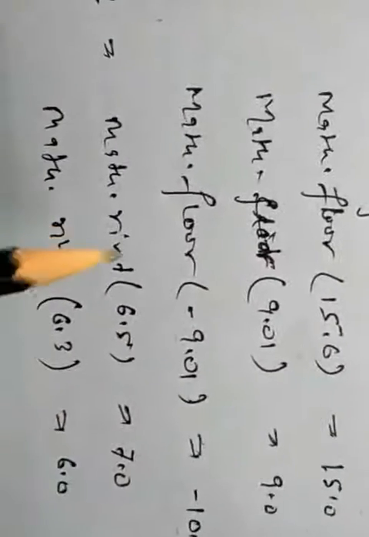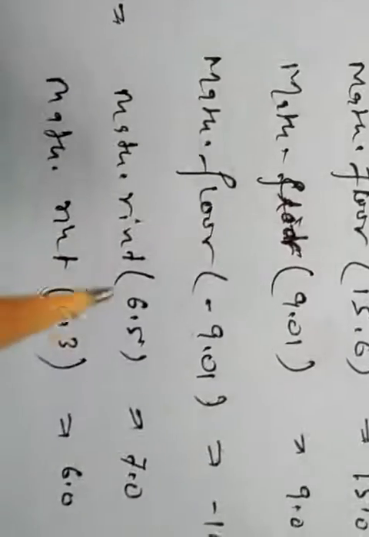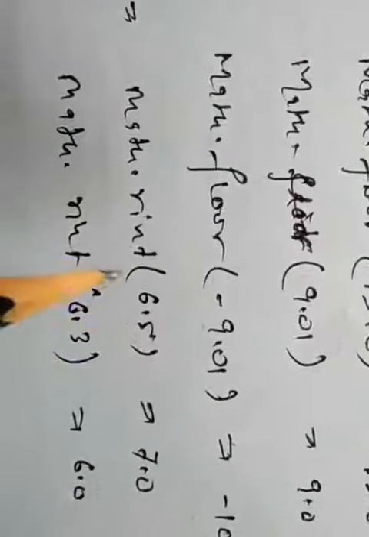Next function is the rint function, which will round off a number, and we will get the answer in double. This will round off to the next higher number if the decimal part is 5 or greater than 5. Otherwise this will give the lower value. 6.5, so the answer is 7.0, 6.3, so the answer is 6.0.